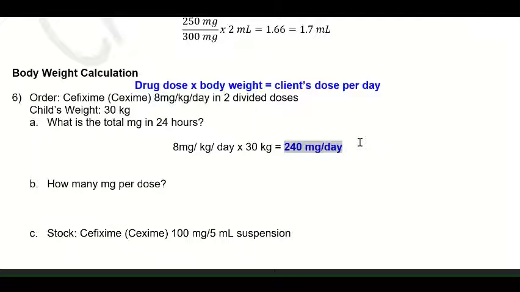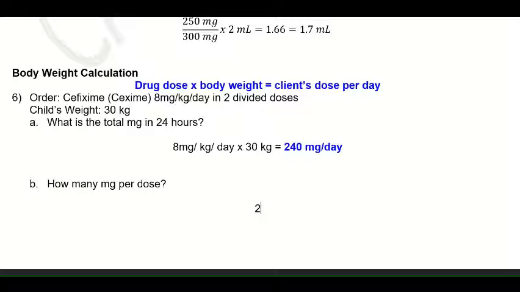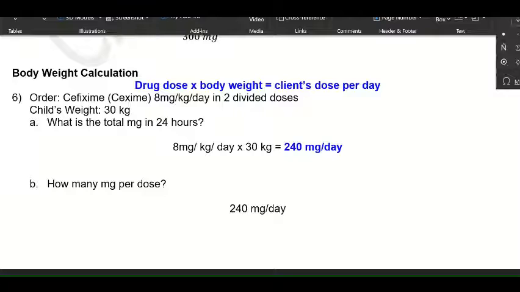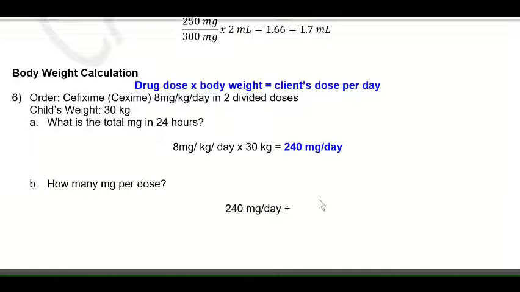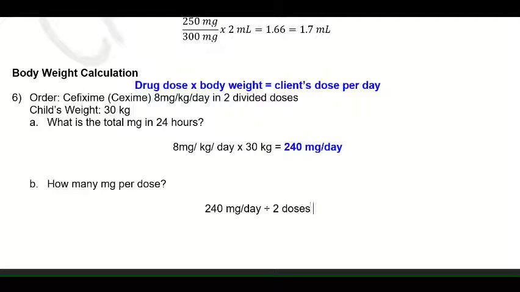Now, the question is, how many milligrams per dose? Since we have 2 divided doses, what are we going to do? Yes, 240 milligram per day divided by 2 doses.